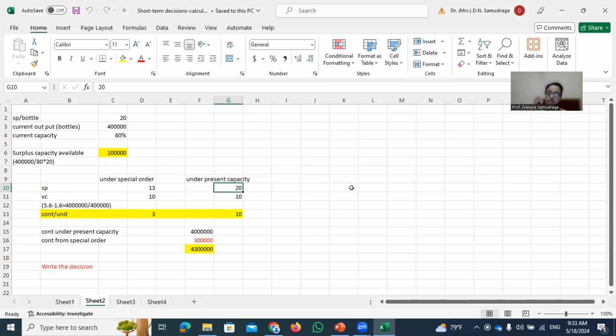So based on the marks, decide how many minutes to spend, and within that time limit, quickly do your question. Clear? I hope you got this. So write the qualitative factors as well.